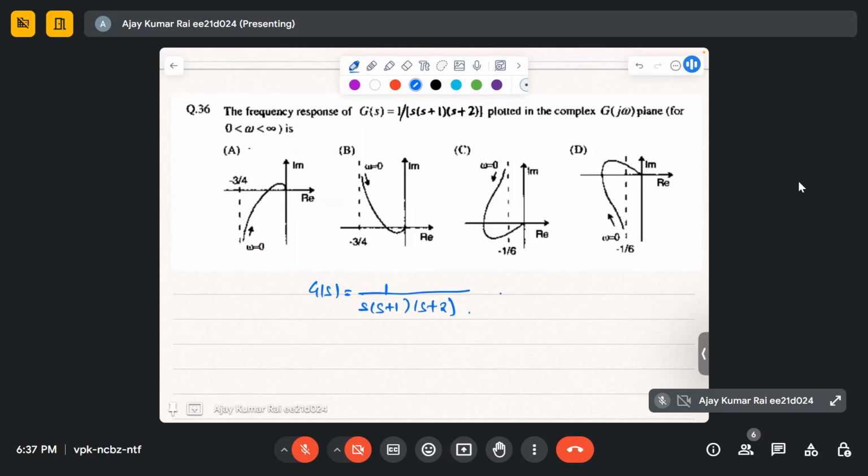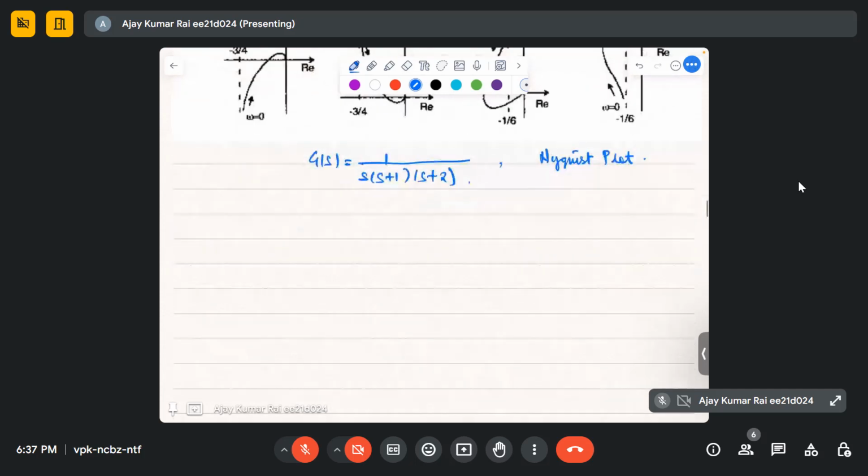It's basically asking to find the Nyquist plot. So what is the procedure? First, find the sinusoidal transfer function. For that, just replace s with j omega.